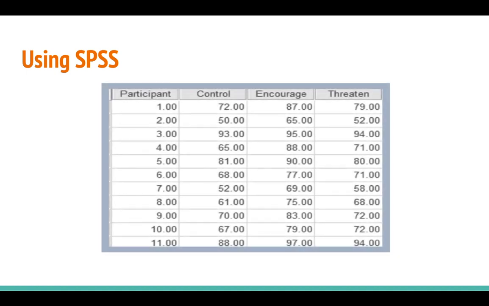But this table may be the results of the way it would be entered into SPSS. So you see we have a column for the participant and then a column for each of their 3 different conditions, whether it was the control group, the encourage group, or the threaten level. Okay? So note that each participant is a row and each level of the variable is its own column.